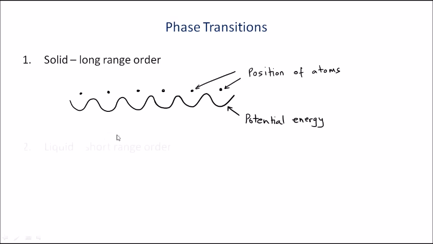In a liquid, the atoms and molecules are bound to each other so that there is some structure which is reflected in a radial distribution function. But this does not continue beyond a few shells of molecules, approximately a few angstroms. This is called short range order as opposed to long range order in solids.